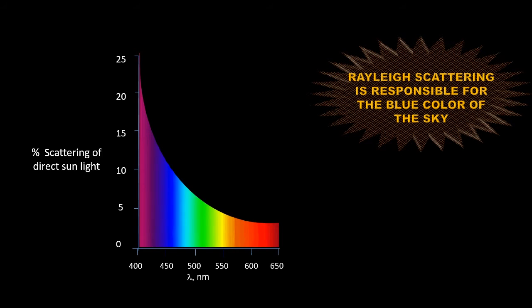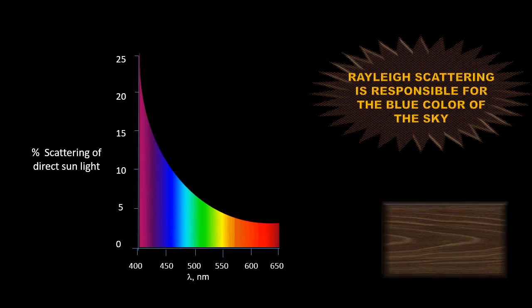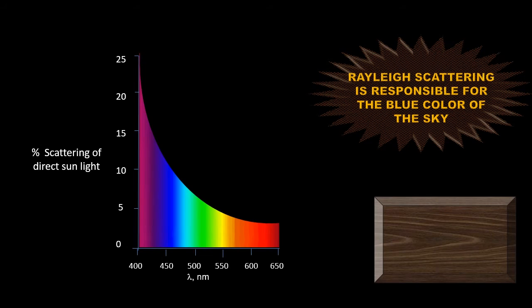This figure clearly indicates that the shorter the wavelength of electromagnetic radiation, the greater will be the intensity of scattering. In other words, as the wavelength of incident radiation increases, the percentage efficiency of scattering decreases.